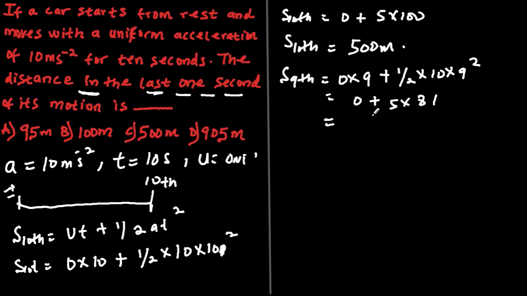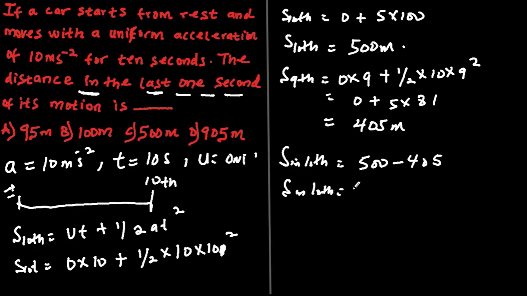So 5 times 81, 81 times 5 is 405. So distance in the 10th second is going to give us 500 minus 405. So S in the 10th second is 95 meters. All right, so make choice A the best answer.